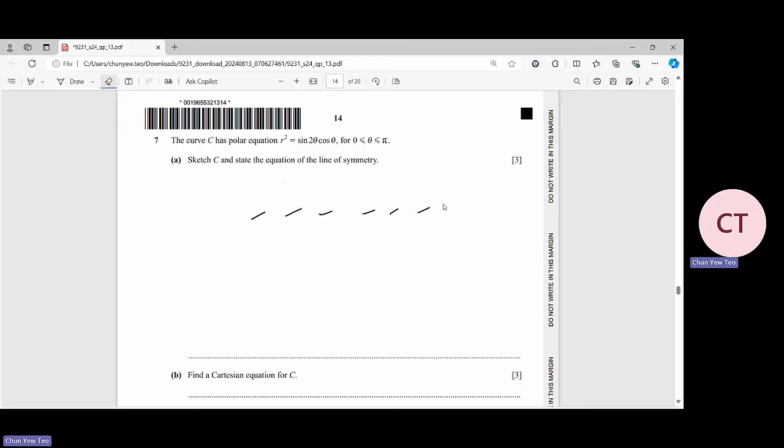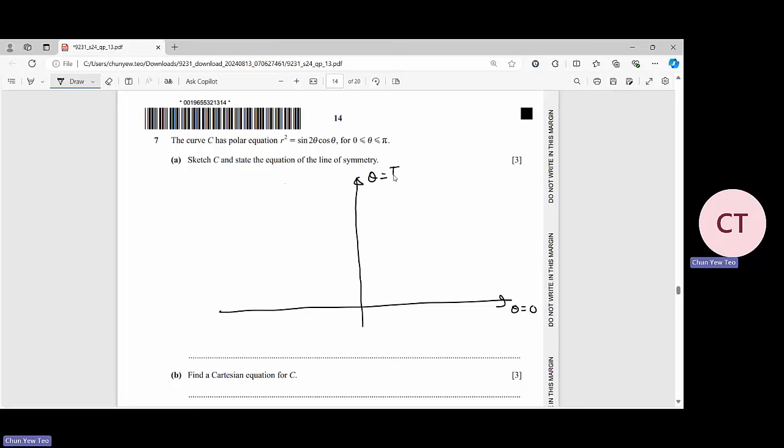Actually, you can just refer to the mark scheme for the graph. How does it look like? Over here, I just give you a brief sketch of the graph that you will get. Your theta is 0, theta is pi over 2, and theta is pi.